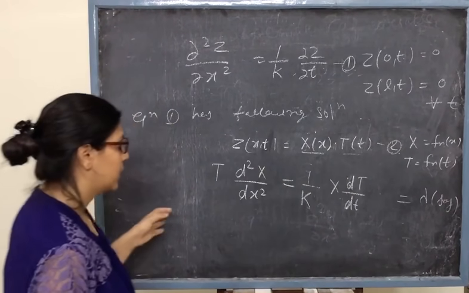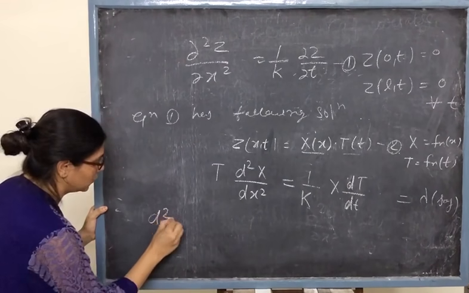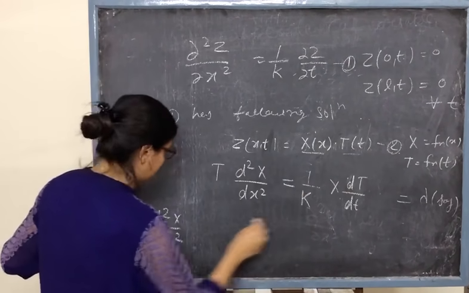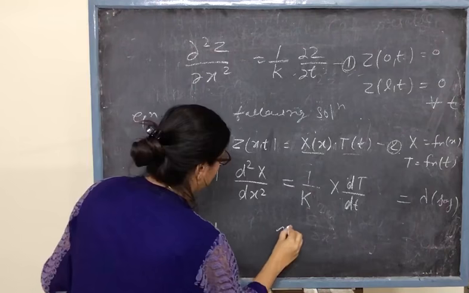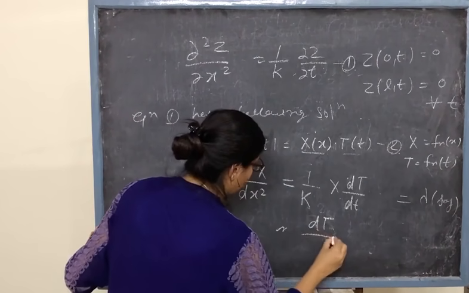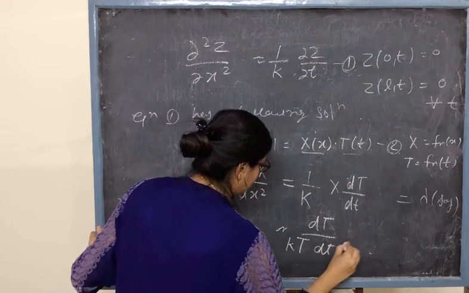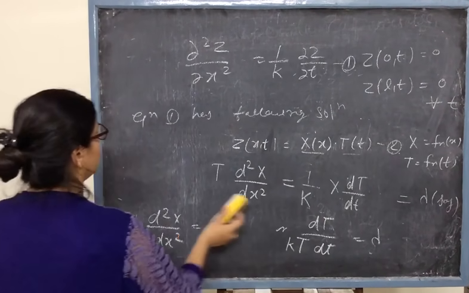So the other equations will have this form: d2X over dx square, taking X here, 1 upon X, equals lambda, and taking T here, we get dT over T k dt equals lambda. There are two differential equations.